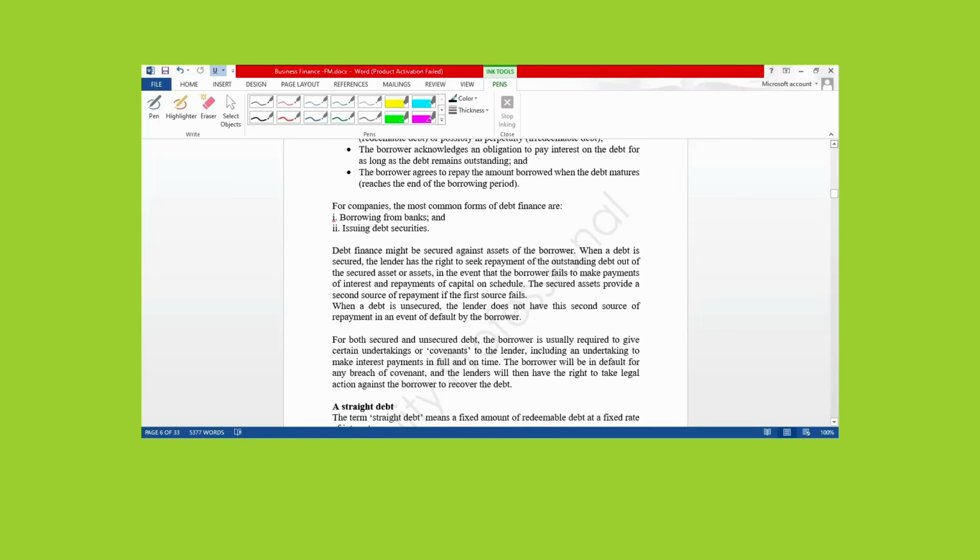If you choose to finance your business with borrowing, bear in mind that borrowings come with conditions. These conditions are covenants that must be fulfilled, and they might not be favorable to the company.